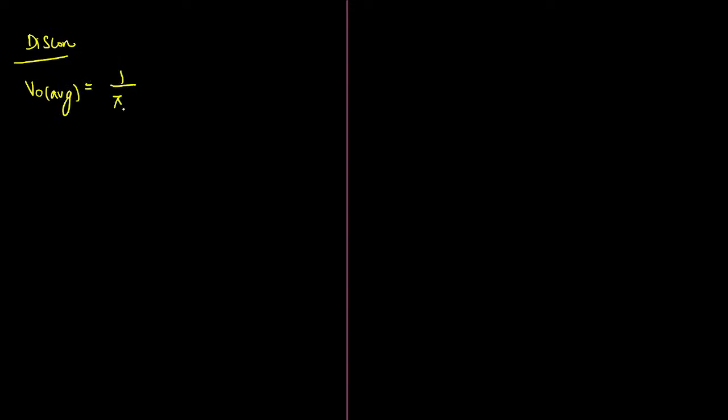It is 1 by pi into Vm into 1 plus cos alpha, plus E into, I think, pi plus alpha minus beta. Yes, I hope I am correct. This is the formula for V naught average when your conduction is discontinuous. I hope you all have understood this.